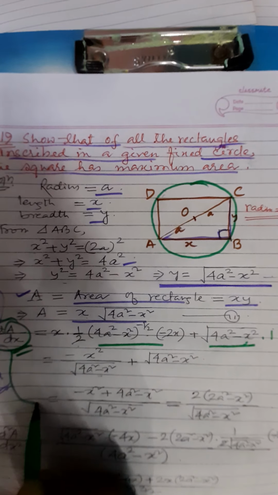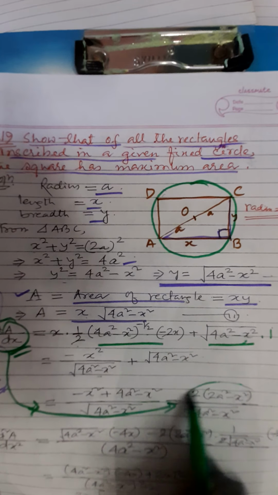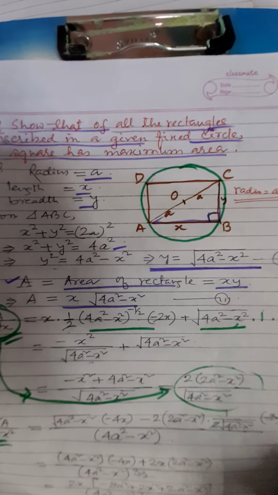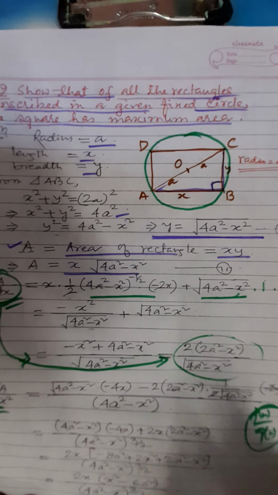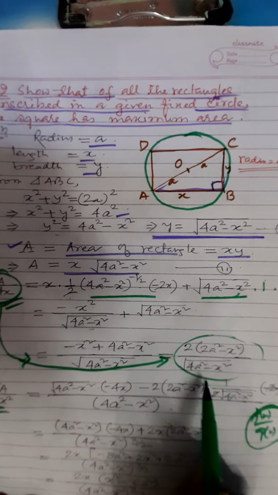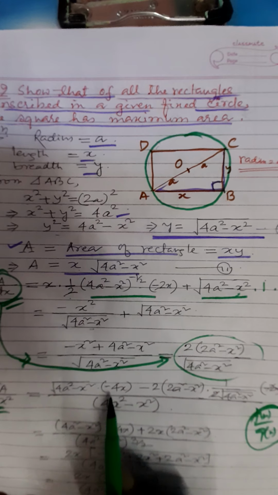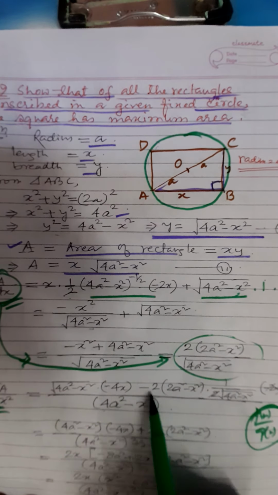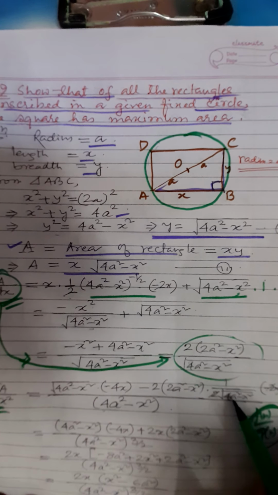This is the value of dA/dx. Again differentiate this with respect to x, d square A by dx square. It is in f(x) by g(x) form, the quotient of two functions, so g(x) whole square, that radical sign will be removed, 4a square minus x square, g(x) into f dash x, the derivative of this, minus 4x, minus 2 into f(x) into g dash x.